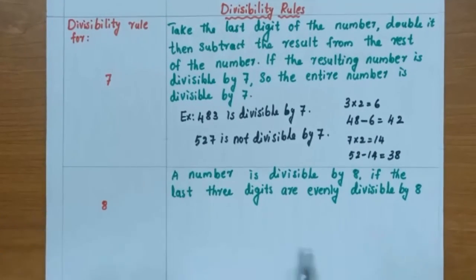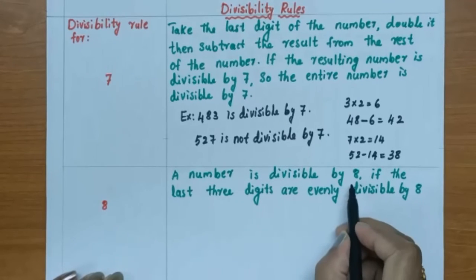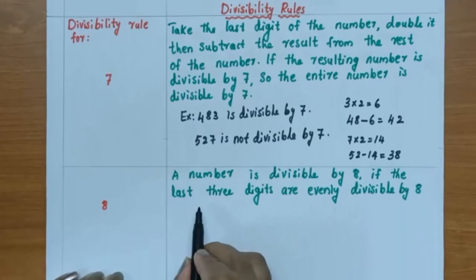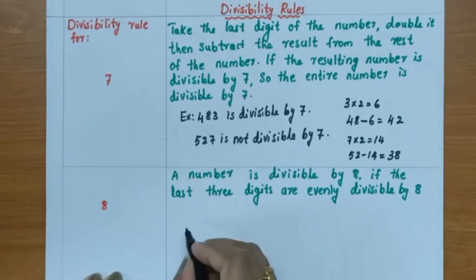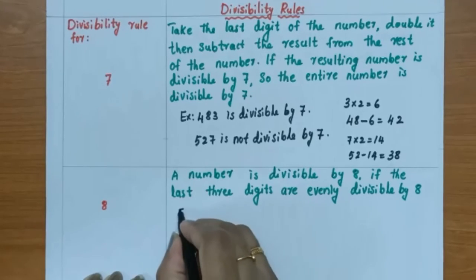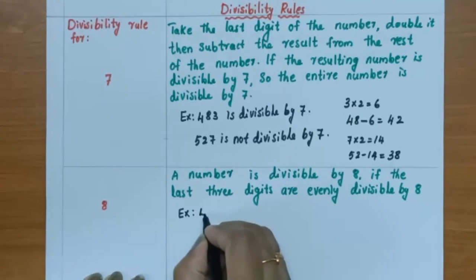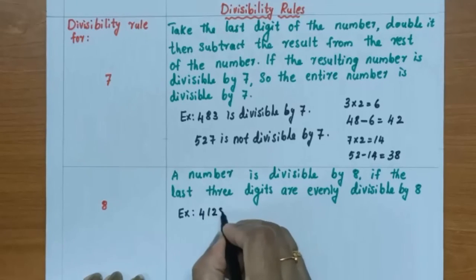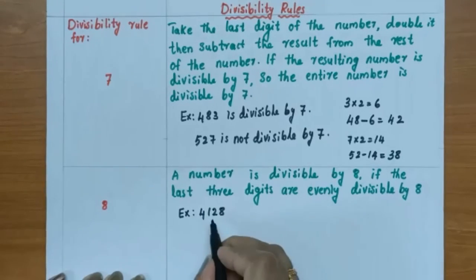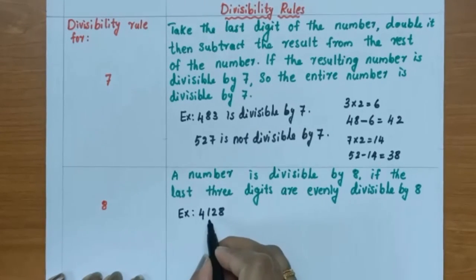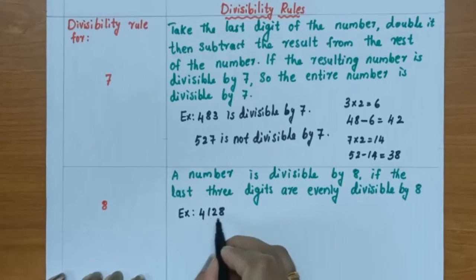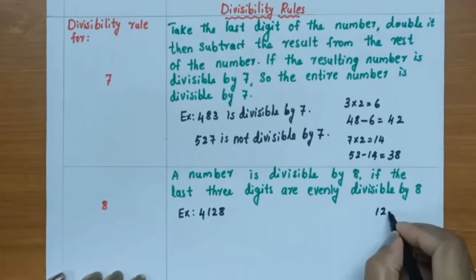Then divisibility rule for 8. A number is divisible by 8 if the last 3 digits are evenly divisible by 8. For example, 4128. We can take the last 3 digits, that is 128. We can check whether it is divisible by 8 or not.